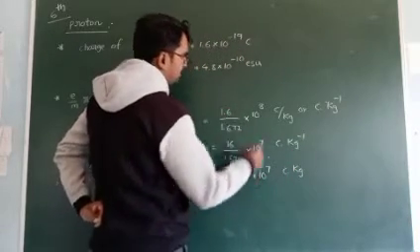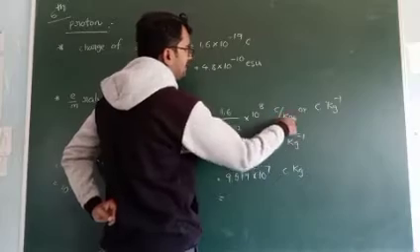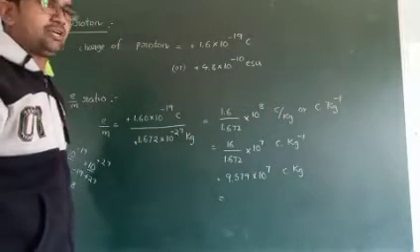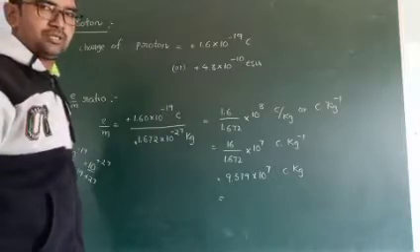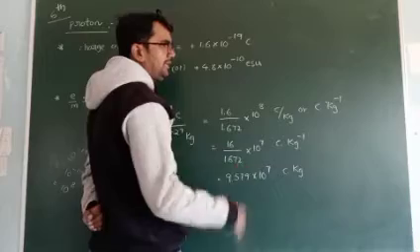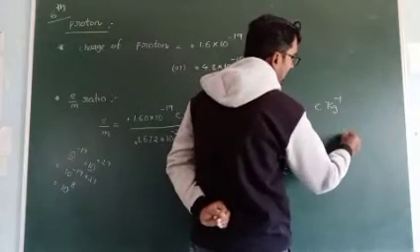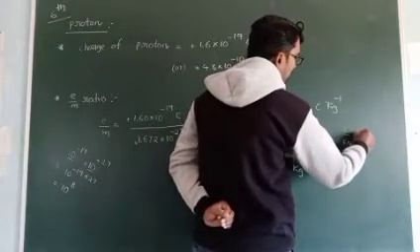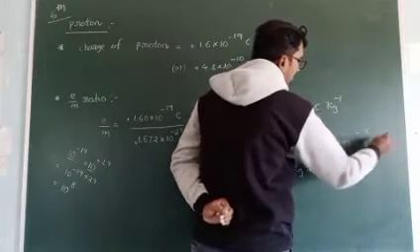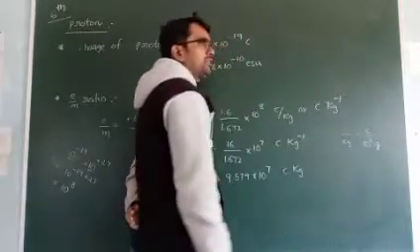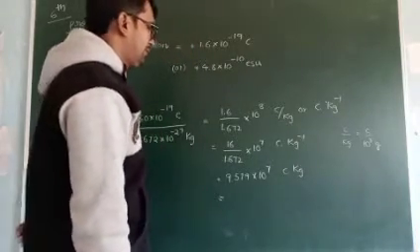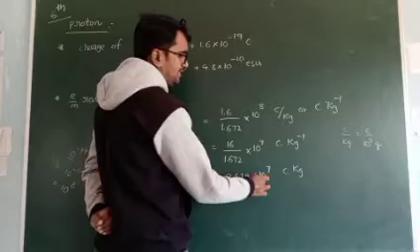But we know that 1 kg equals 1000 grams. So 1000 grams means 10 to the power of 3. So coulomb per 1 kg means coulomb per 10 cube grams. This 10 cube moved to the numerator position, then it is 10 to the power of minus 3. Already 10 to the power of 7 is present here.